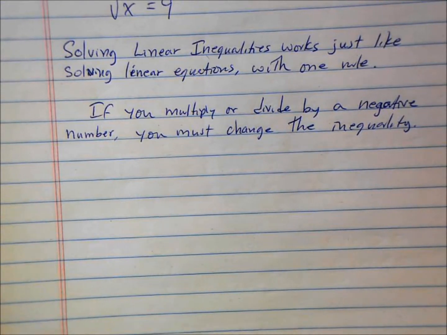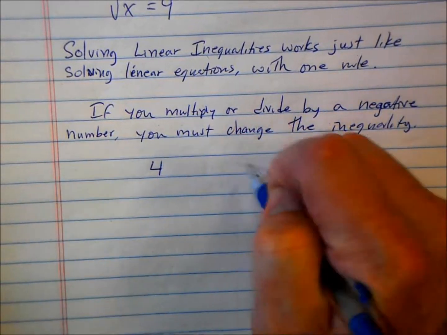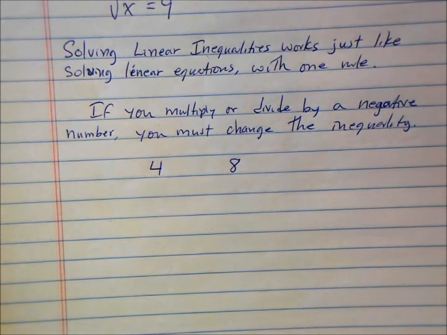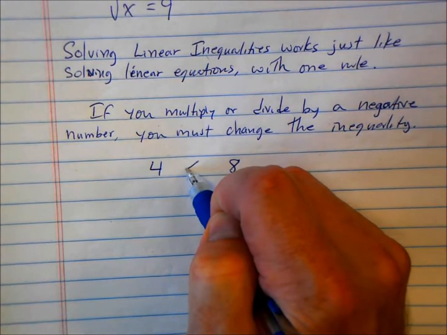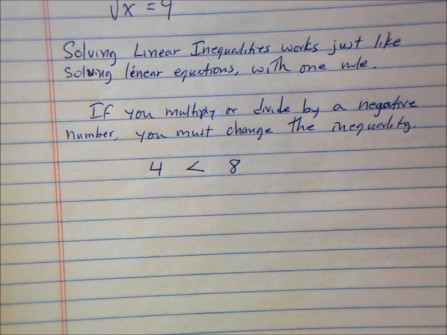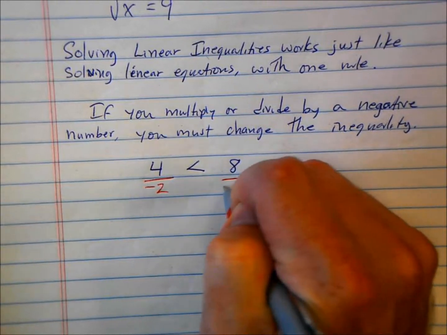Give me two numbers. Anybody got two numbers? 4 and 8. So if I write down 4 and I write down 8, would I put a less than symbol in between those two numbers or a greater than? 4 is less than 8, correct? So that would be a less than symbol. Now I'm going to divide both sides by negative 2.